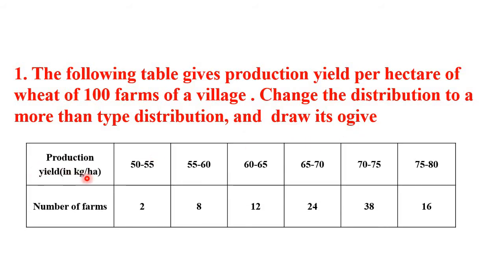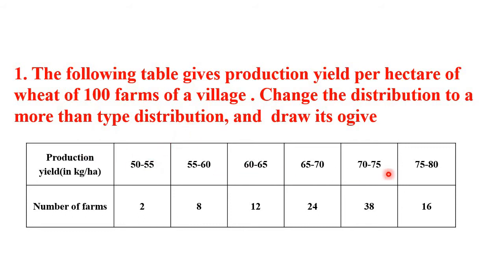Here the production yield is given per hectare. 50 to 55 kgs per hectare, only 2 farms, 55 to 60 8 farms, 60 to 65 12 farms, 65 to 70 24 farms, 70 to 75 38 farms, 75 to 80 16 farms. So we have to draw the more than type of ogive for the given distribution.